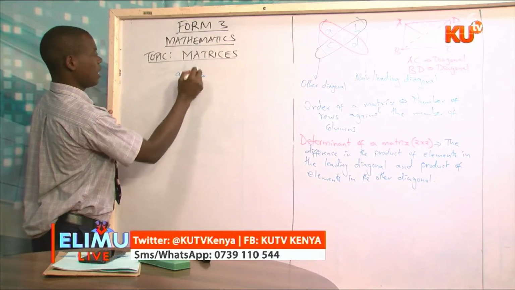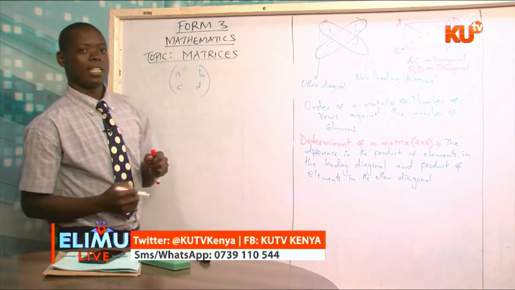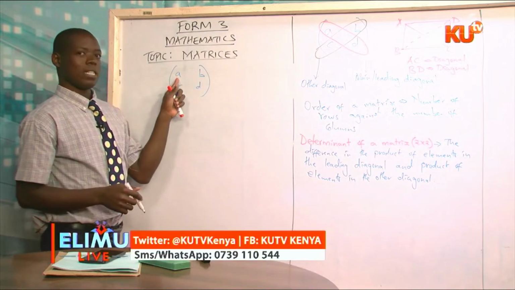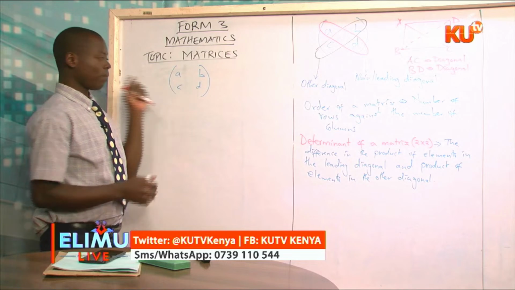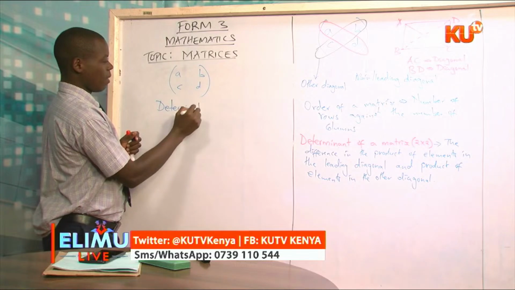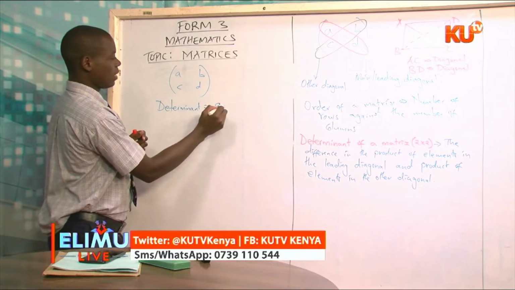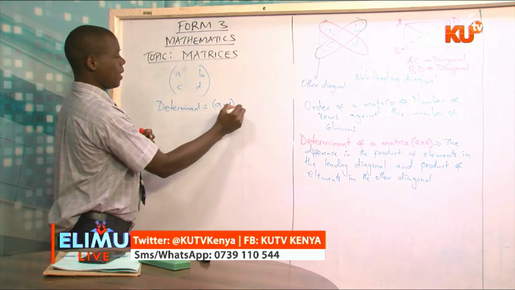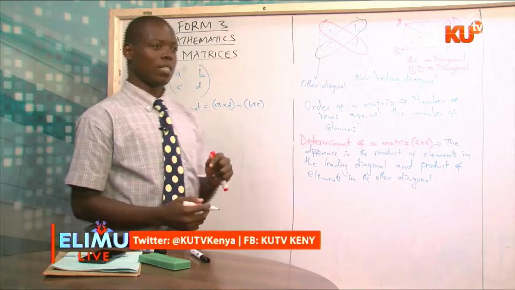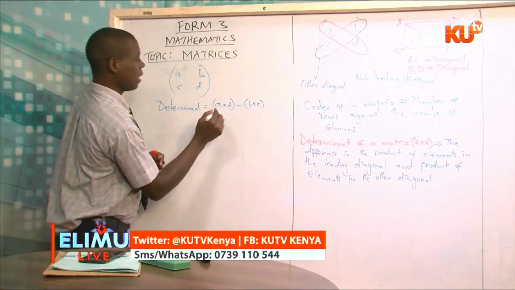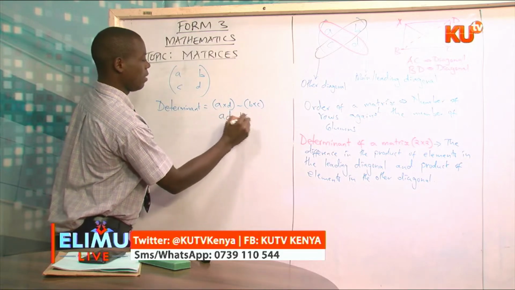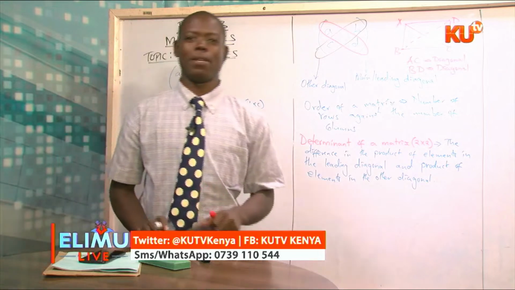So this is what we are illustrating. A, B, C, D is our matrix. So what are the elements in the leading diagonal? It is A and D. Therefore, when talking of the determinant, we say it is A times D minus B times C. So A times D gives us AD, minus BC.